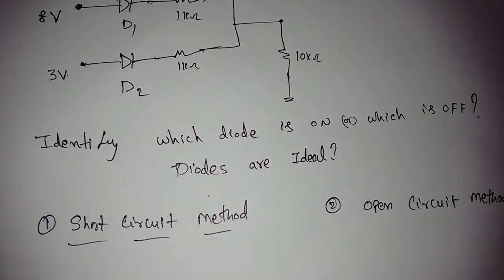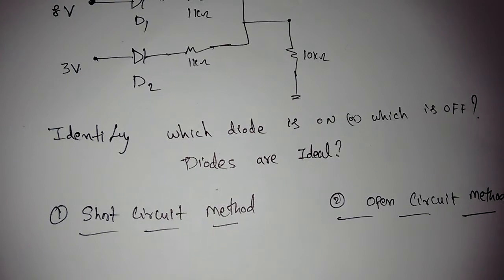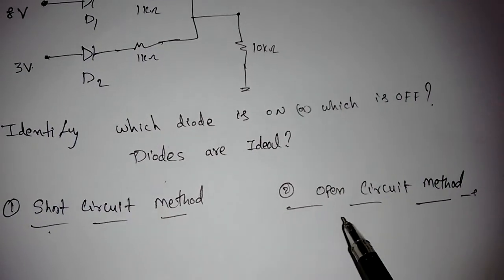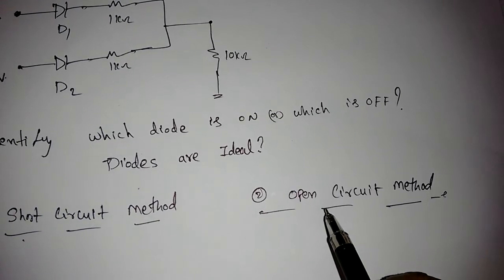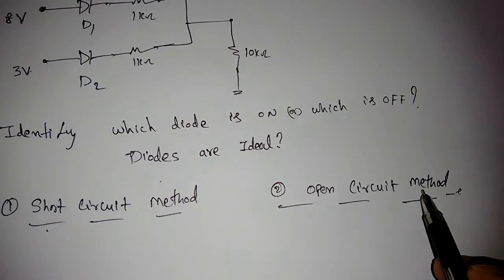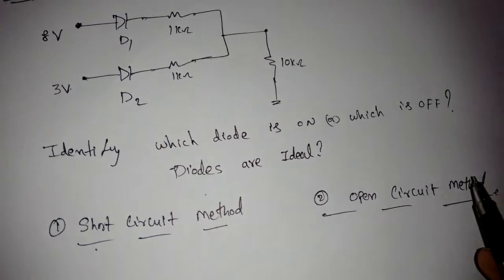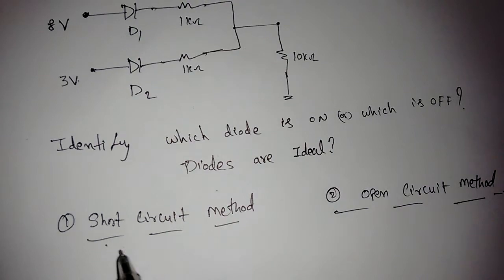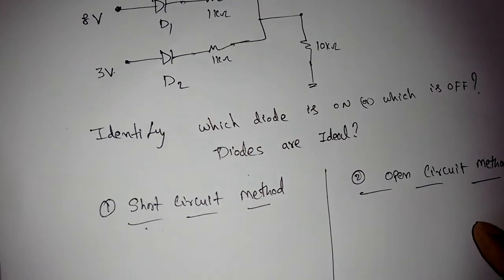Some problems will be easy to solve using the short circuit method, where one type of circuit is used. For others, if you use the open circuit method, it will be easy to identify which diode is in forward bias. First we will see the assumptions we need to take for the short circuit method.